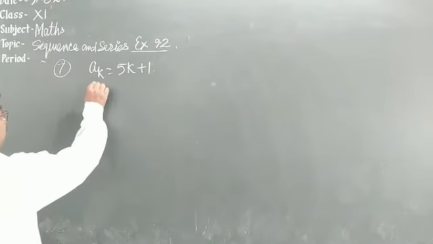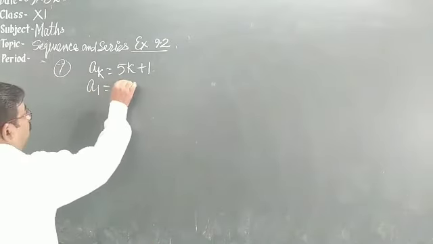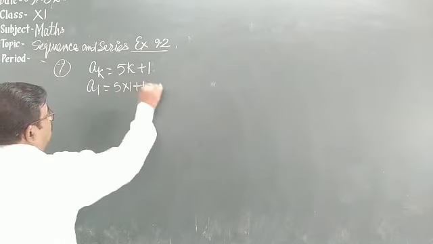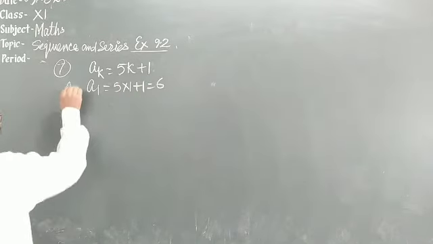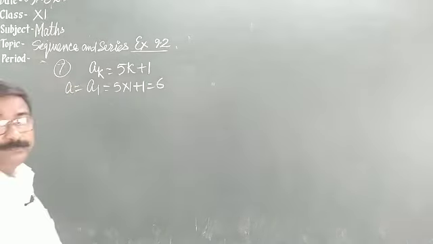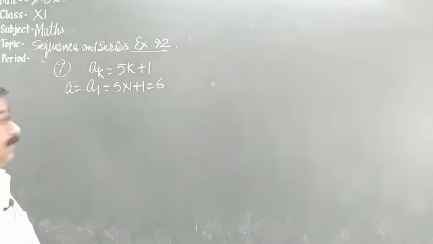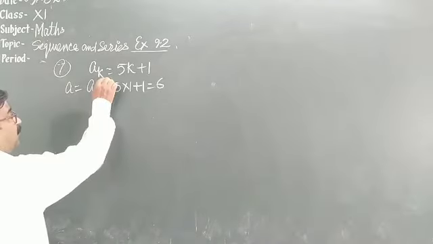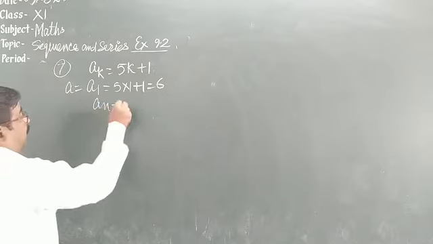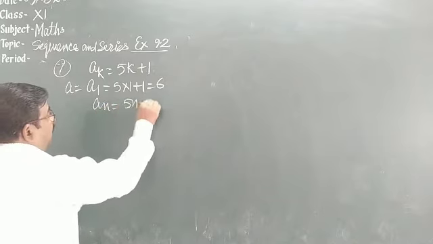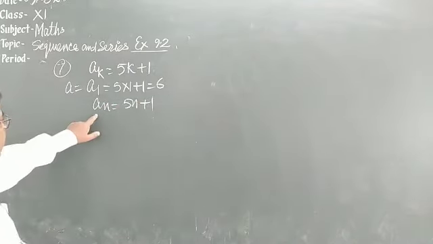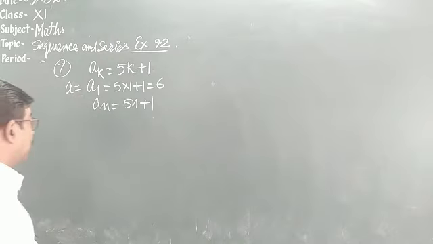We find a1 is equal to 5 into 1 plus 1, which is equal to 6, and a1 is the first term a. Now find an: in place of k, we write n, so this is 5n plus 1. Now we have a and an, so we can find the sum of n terms.